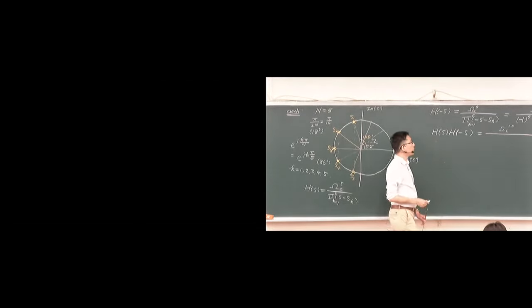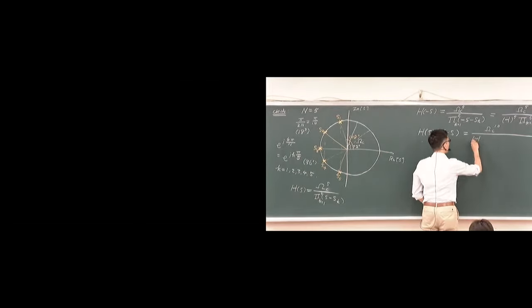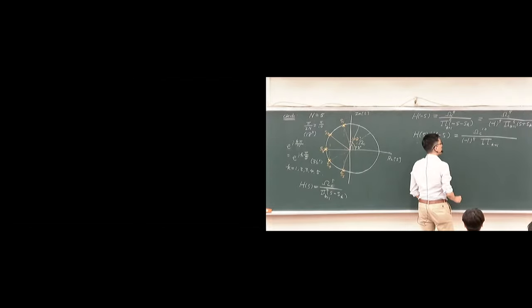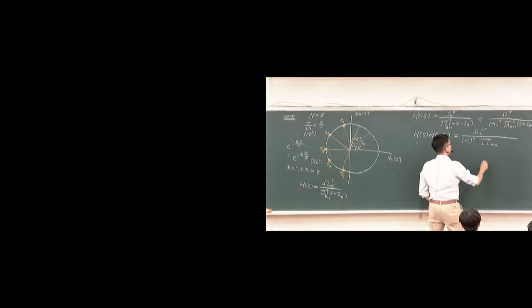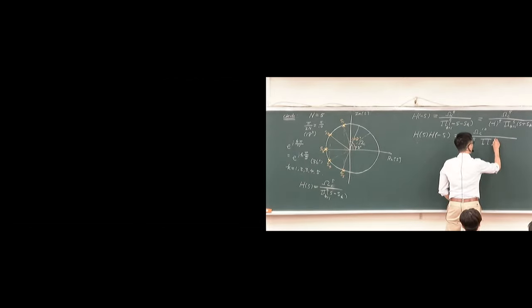So when we multiply the two of them, the minus 1 to the fifth power is still there, but here we have a product over k from 1 to 5 of s minus sk times s plus sk, which in the end is going to become a 10th order polynomial.